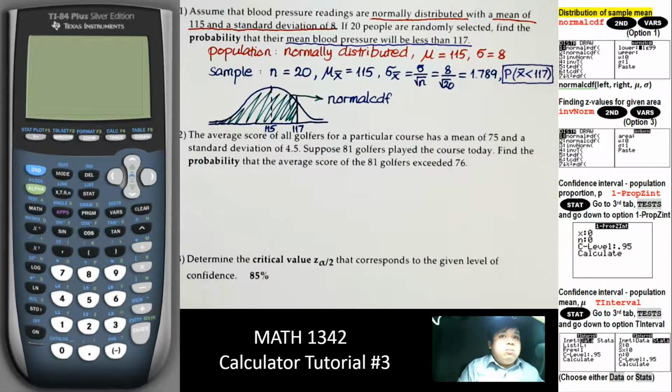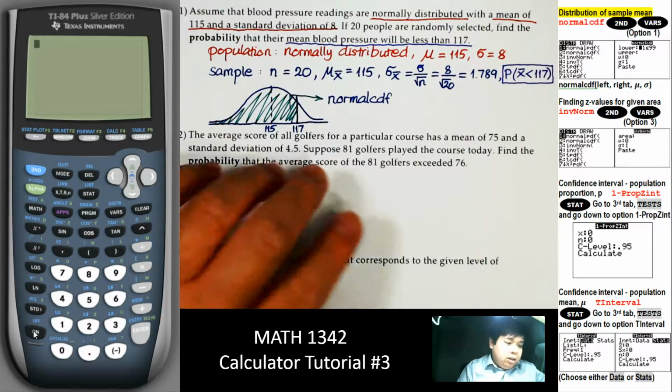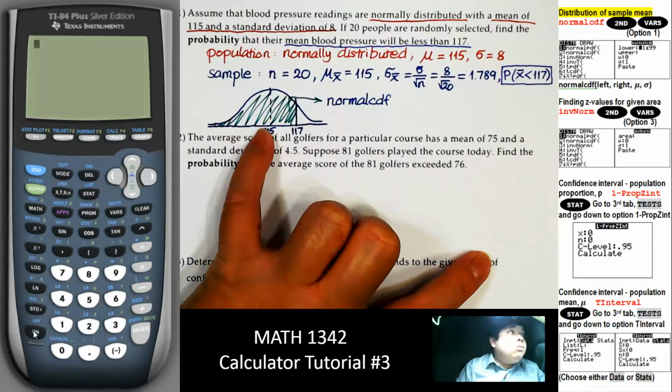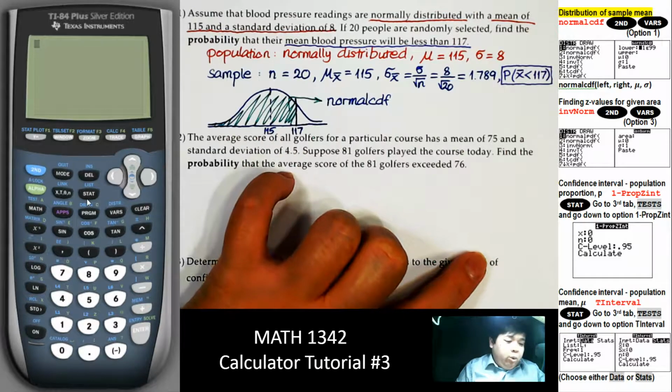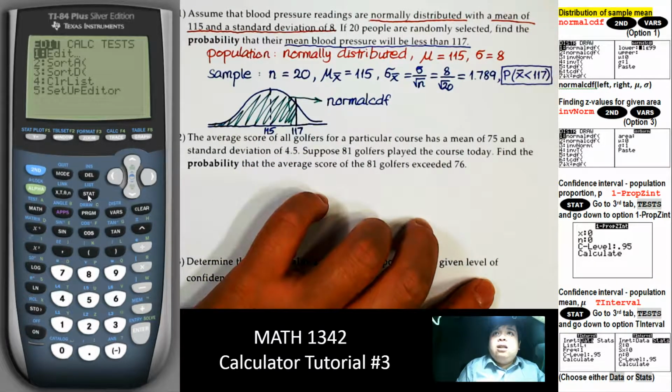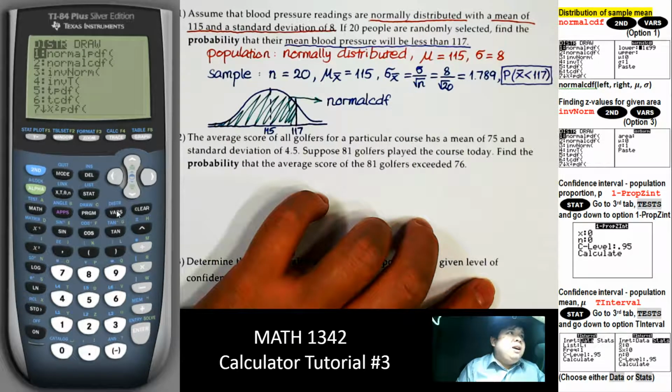Now let's turn on the calculator. We hit stat and go to the second variable, and then we go to normal CDF, option number 2, and we hit enter.